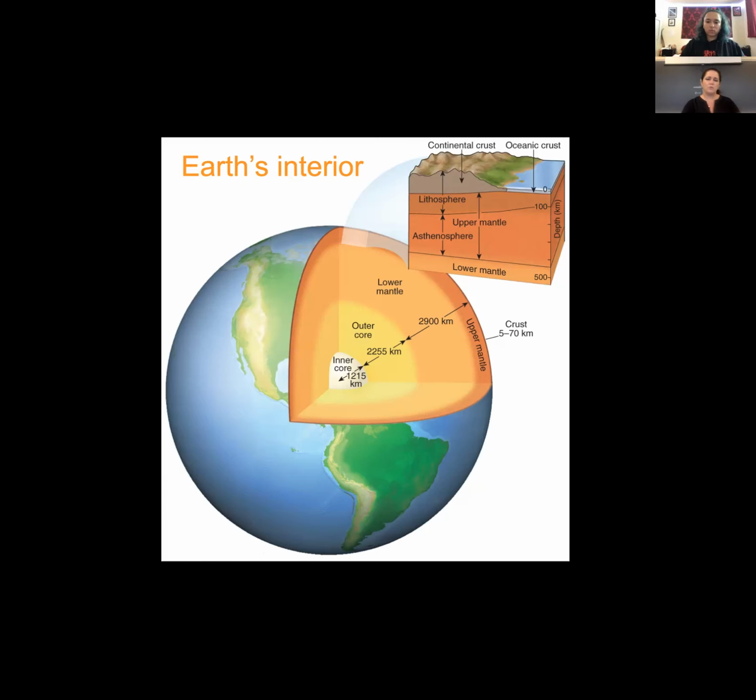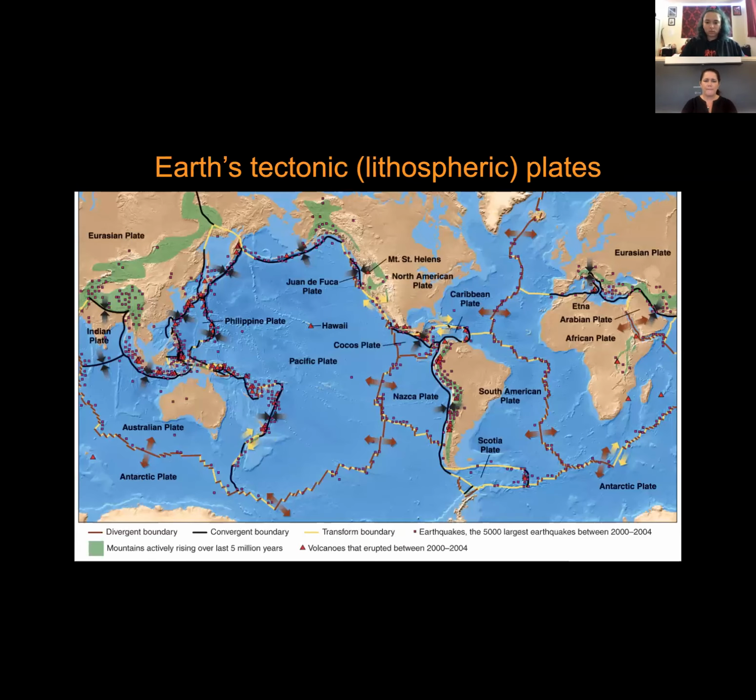I'll show you one diagram in a moment that splits it: one side shows the strength of the earth, and the other side shows the compositional terms. So this will be clearer soon.